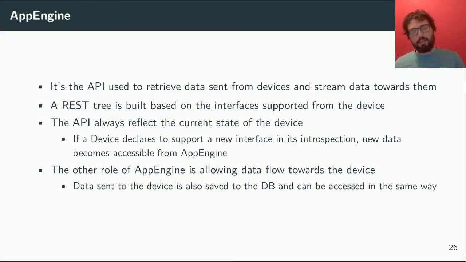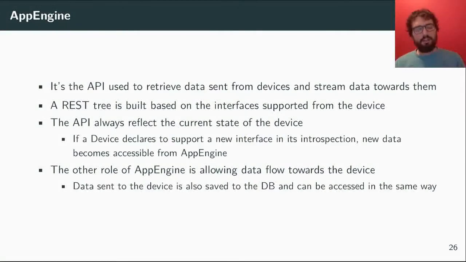etc. But then, under the interfaces, it also exposes a REST tree, which is dynamically built on the interfaces that are declared from the device. So the API always reflects the current state of the device. If the device supports just the temperature, then under /device/device ID/interfaces, you will only find the temperature interface, and you will only be able to query that.